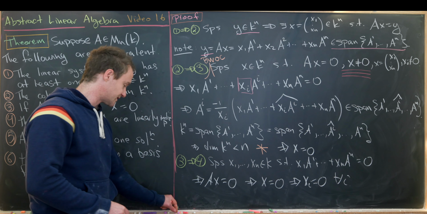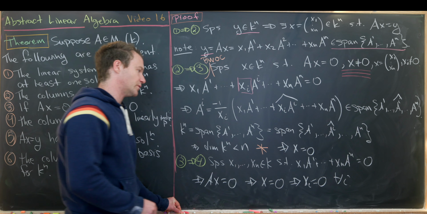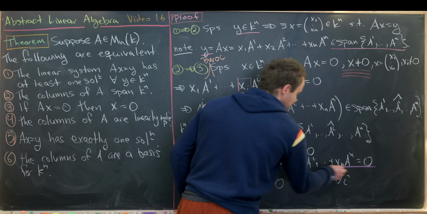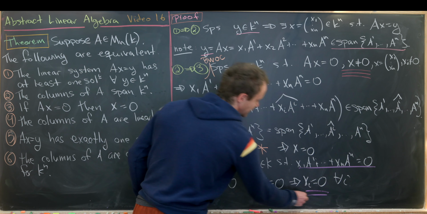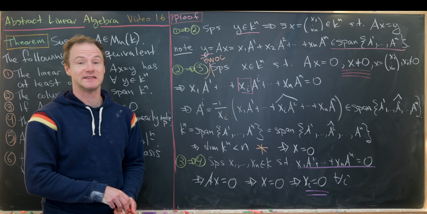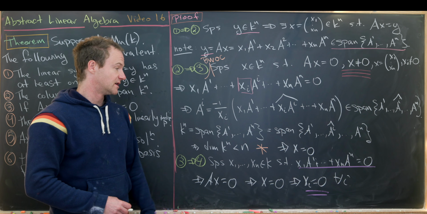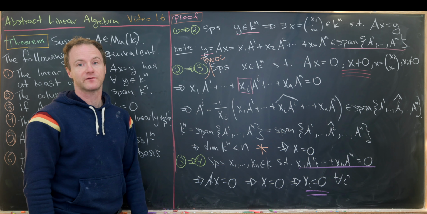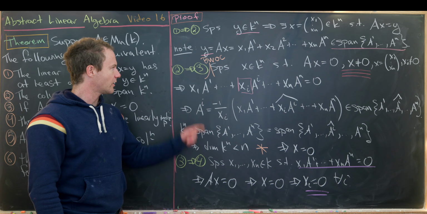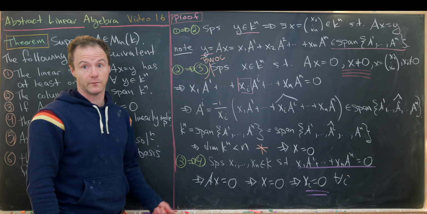Let's see where we started and where we ended. We assumed that we had a solution to this equation, and we showed that the only solution was the trivial solution, but that's exactly the condition for these columns to be linearly independent. So that finishes the proof of 3 implies 4. Okay, let's clean this up and then we'll go to 4 implies 5.